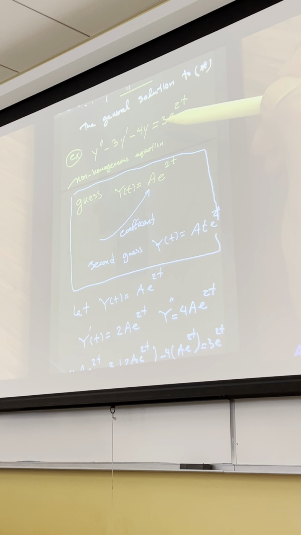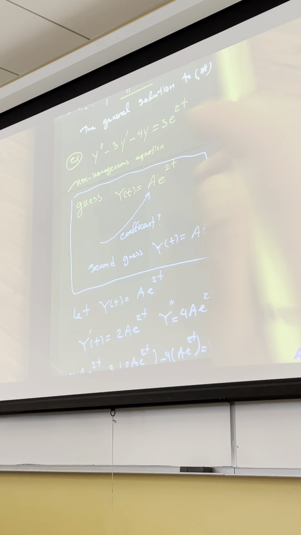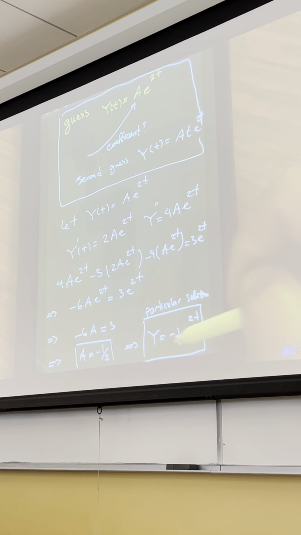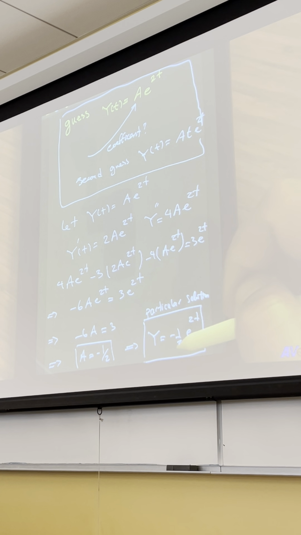But for the non-homogeneous solution, for the particular solution, you're guessing that your function looks like some sort of a e to the power of 2t, where this a is the coefficient and it's unknown. So we have to find this coefficient. And if you take its derivative, second derivative, plug it back in, we found that this particular solution is here and it works.